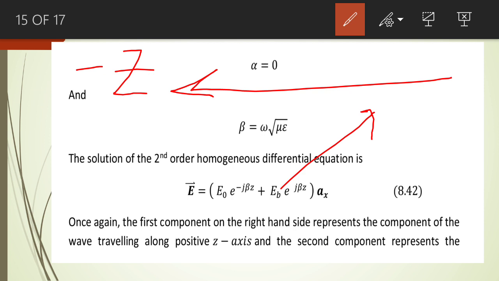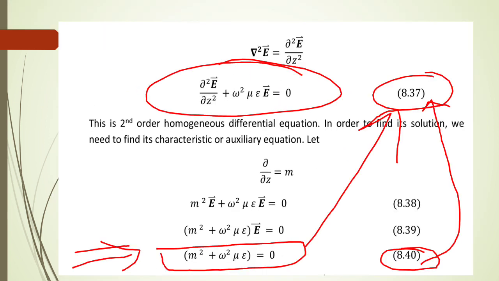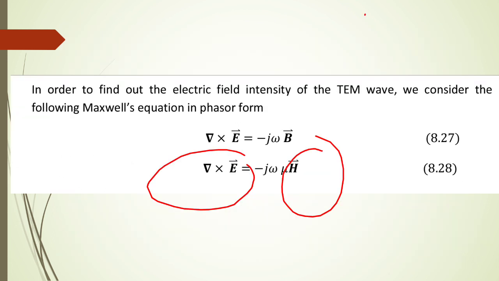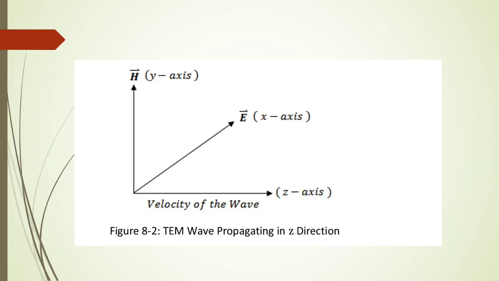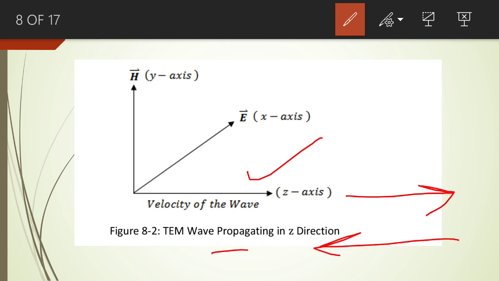So what we do, we are going to consider the figure of this particular topic once again. You see, in this figure, the electric field intensity is moving along positive z-axis only, right? There is no component of the wave which is moving in the negative z-axis.